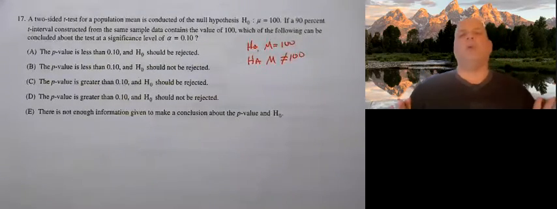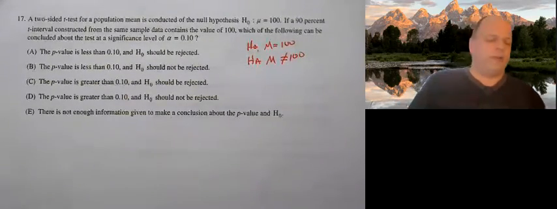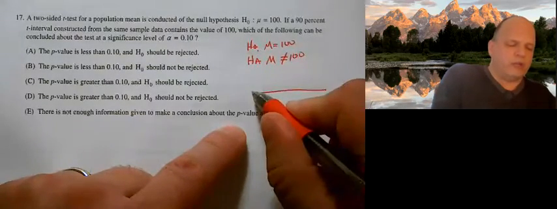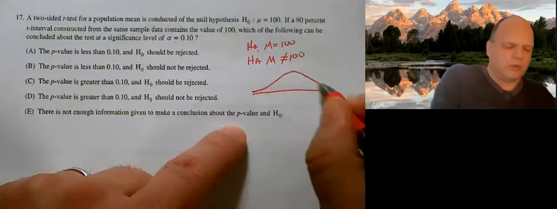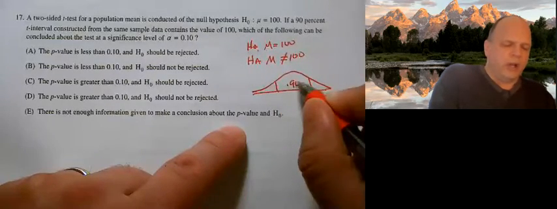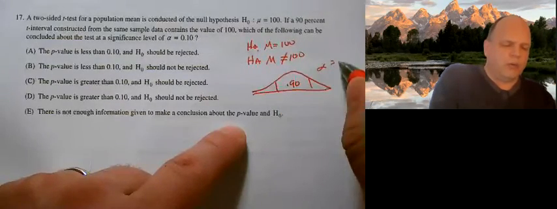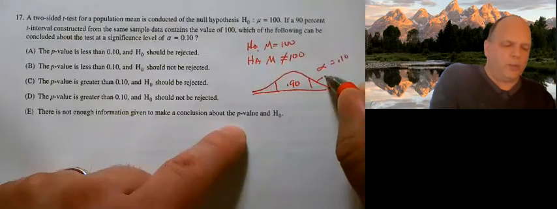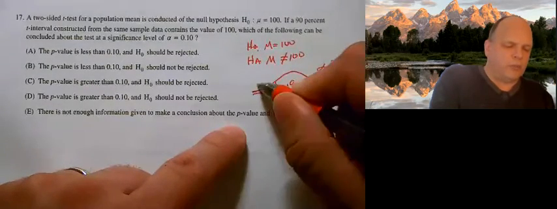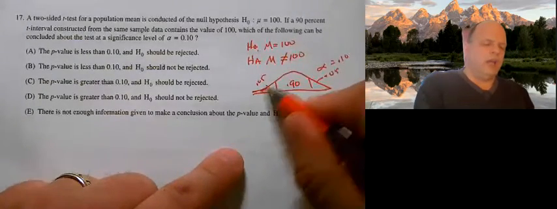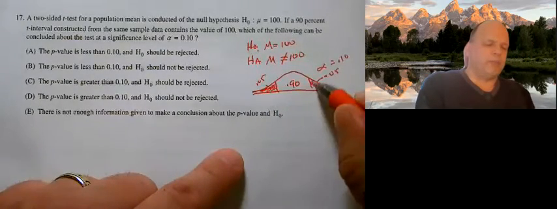So they're saying, hey, you know what? We're going to construct a confidence interval. And here's their confidence interval, and they constructed a 90% confidence interval, 0.90, and alpha equals 0.10, because the area in this tail is 0.05 and the area in this tail is 0.05, and alpha is the area in the tails, and this is the rejection region.